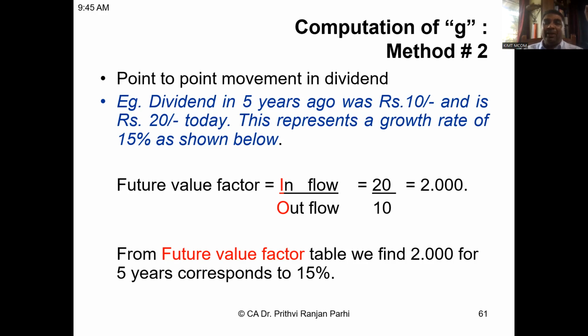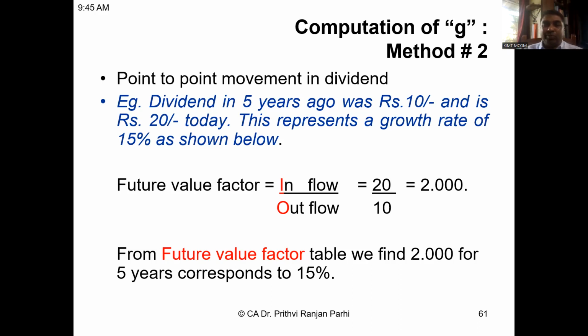Next is about the point-to-point growth. What we will be doing? First, we'll see the point-to-point movement in dividend. You look at this example. Example is saying dividend 5 years ago was 10 rupees, and today it is 20 rupees.